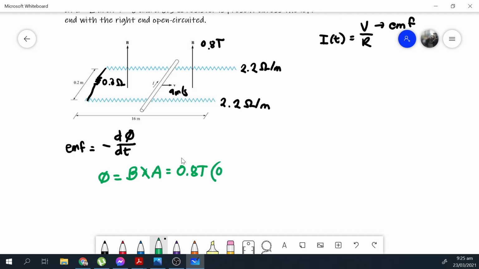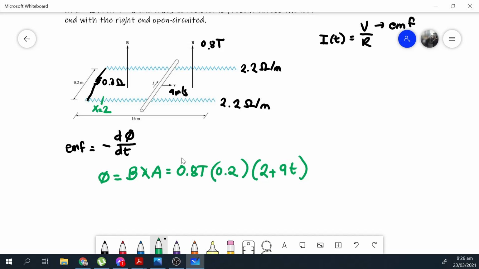We have 0.2 for the width multiplied by the position of this bar. As you can see, this is continuously moving at a rate of 9 meter per second. So as time moves forward, the length changes as 2 plus 9t. It started from x equal to 2, maybe somewhere here, and then as time moves forward, it increases by 9 multiplied by time.